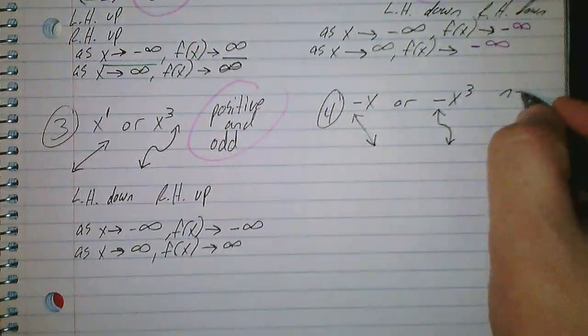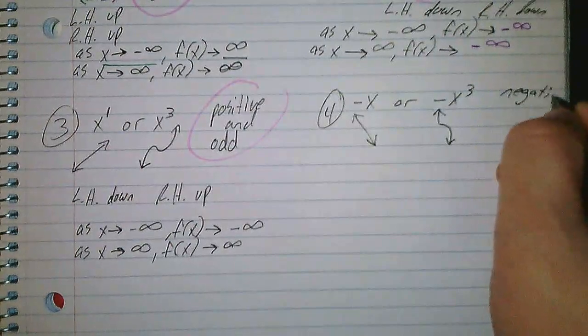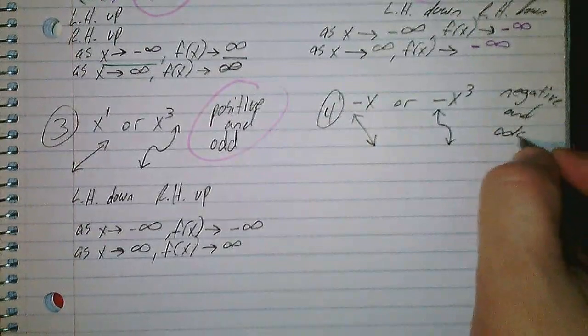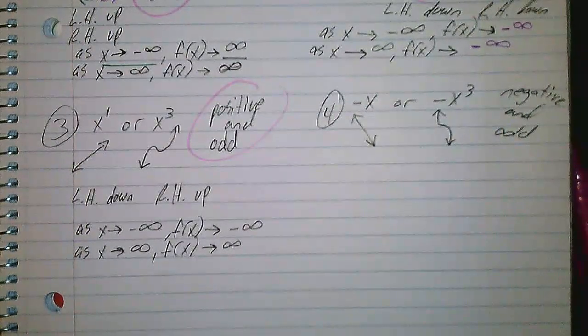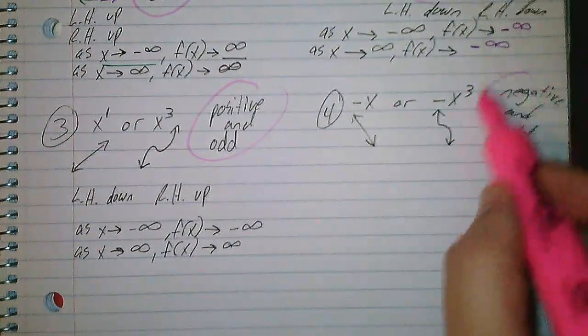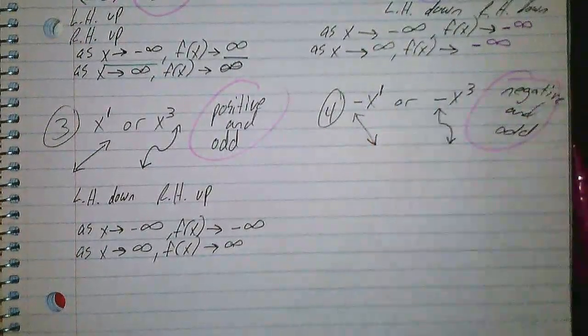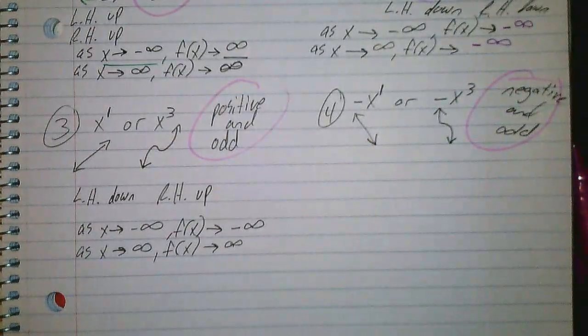So now we are negative and odd. Again, it's the coefficient or the sign of your leading term. Is it positive or negative? And then is the exponent odd or even?